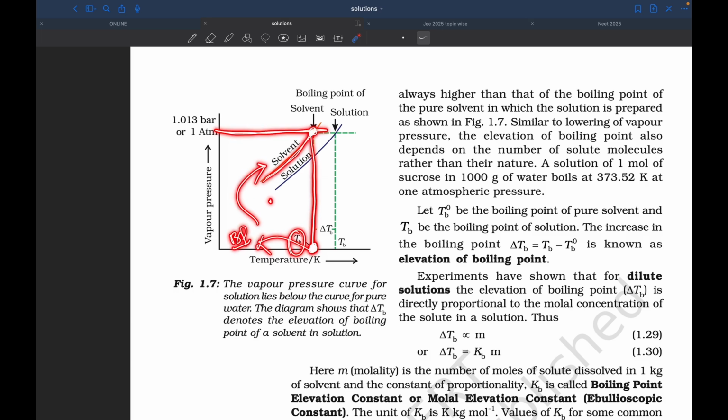Solvent. But for solution the boiling point has increased up to here. If you connect it to the y axis, this is much bigger. Look at the difference between these two lines. This is what you call delta Tb.